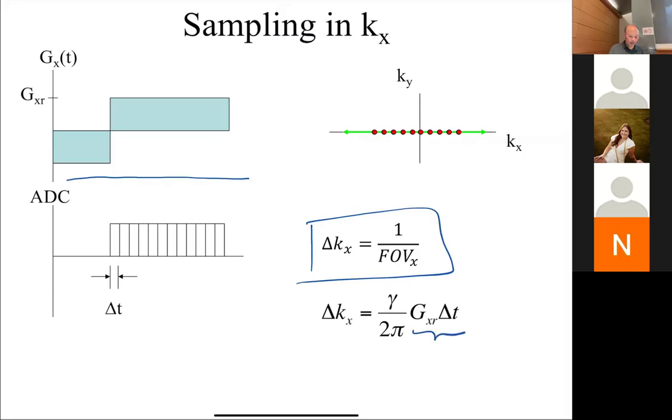The key thing to remember is this is the area. It's the area that takes us one delta k. For your homework assignments, the formula for the area might be slightly different, or whatever it is, you need to figure out what that area is. It's essentially whatever area moves you one increment of delta k.